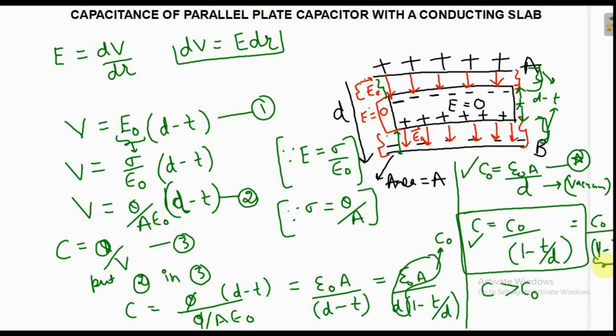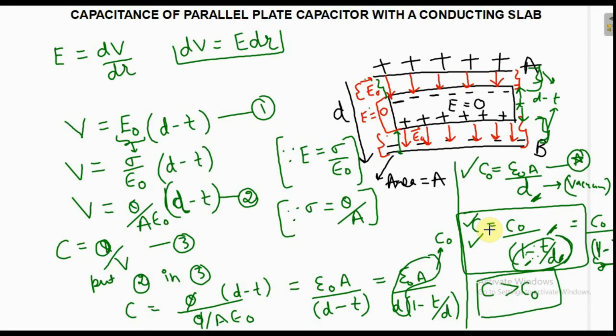Because the denominator is less now, your C will increase, because both are reciprocal to each other. So that's why when you insert a conducting slab, capacitance of a parallel plate increases always. You can compare the denominator of the C naught and C. You will get C is greater than C naught, and here overall denominator decreases and C will increase, and vice versa. And I hope this topic is clear to you.